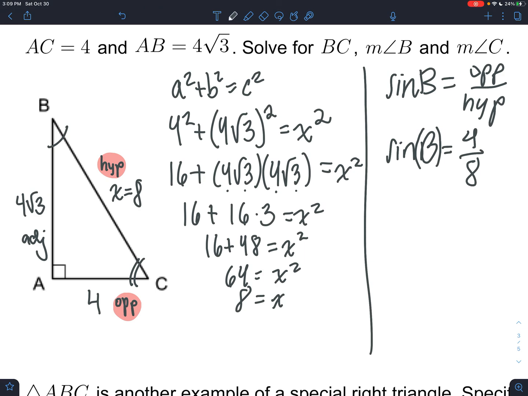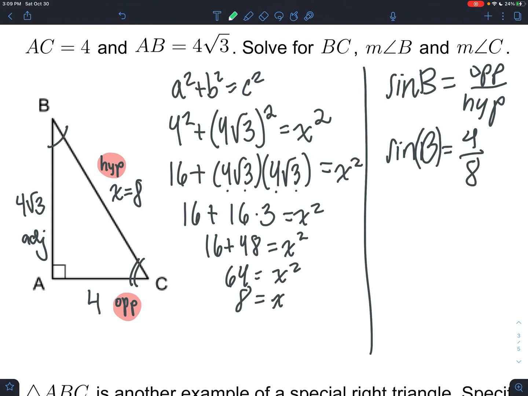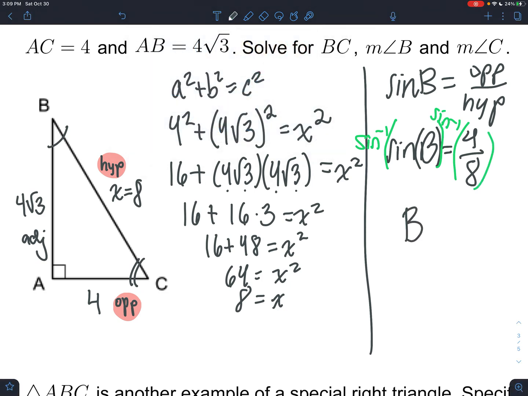So in order to make that sine go away, remember we took inverses of both sides. So sine inverse of this side and sine inverse of this side. So this is B. The sine inverse and sine, they cancel each other.